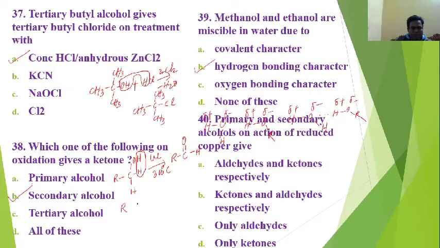Similarly, in secondary alcohol, the carbon is attached to two carbons, and it gives ketone, C double bond O, plus hydrogen gas. Option A, aldehyde and ketones respectively. Next question.